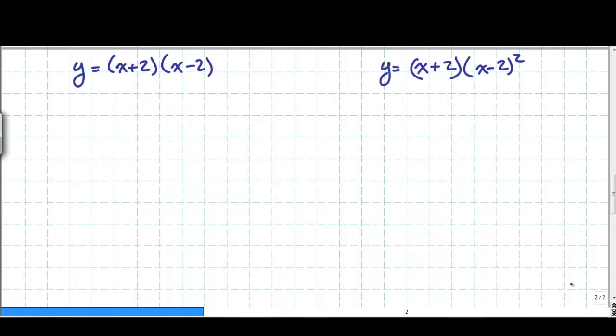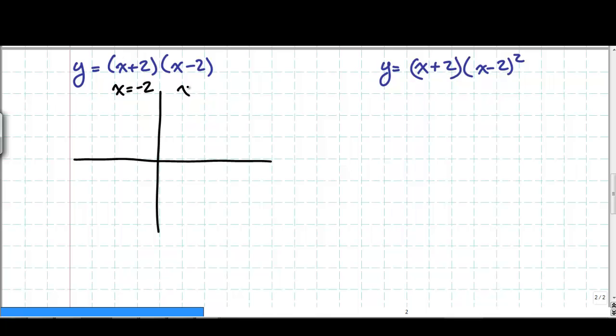So let's look at how we could sketch the graph of some different functions. Just sketching using the information here that we have about the zeros and their multiplicity. We know that the roots, or the zeros here, are going to be x equals negative 2 and x equals 2, and each of those has a multiplicity of 1. That means the graph is going to cross through those points.